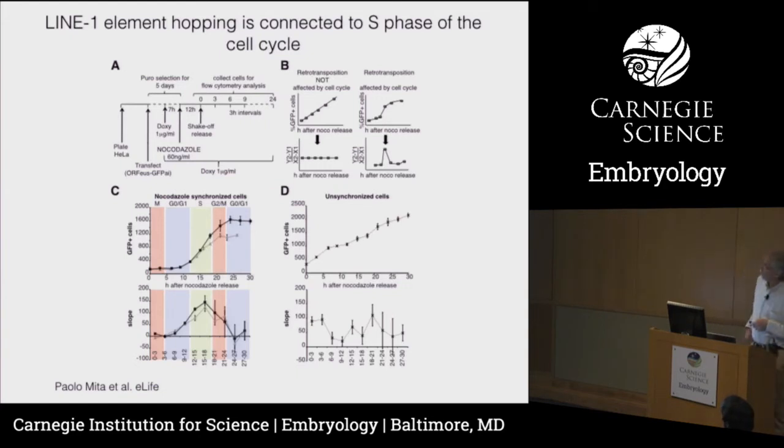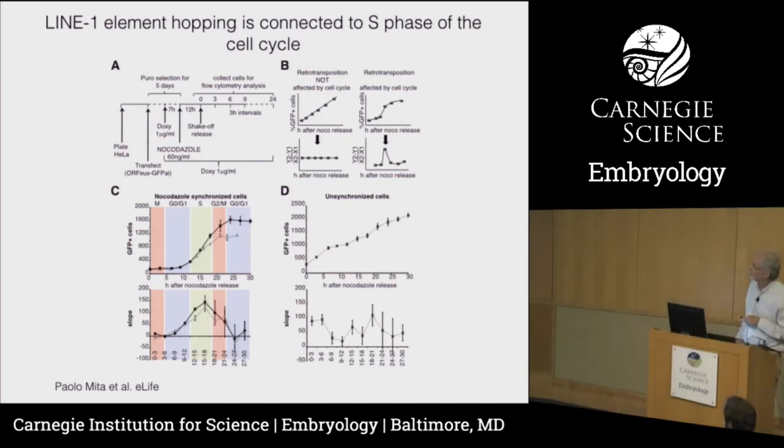And so the first experiment that Paulo designed to look at this involved a rather complicated set of treatments where we had the element under the control of a TET promoter. We would turn on the expression, then we would arrest cells with nocodazole.